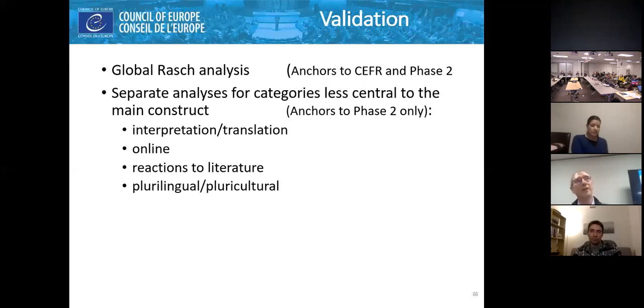Things which are in real life multidimensional often will provide data that is, from a psychometric point of view, unidimensional. And there's always a test for that. And in Rasch modeling, the test is check it out by analyzing each category separately. And if the values change, it means that it's, from a measurement point of view, a separate dimension.